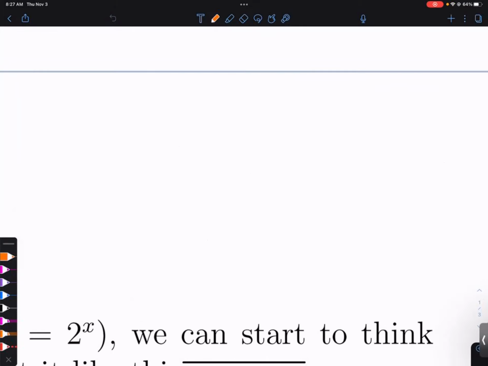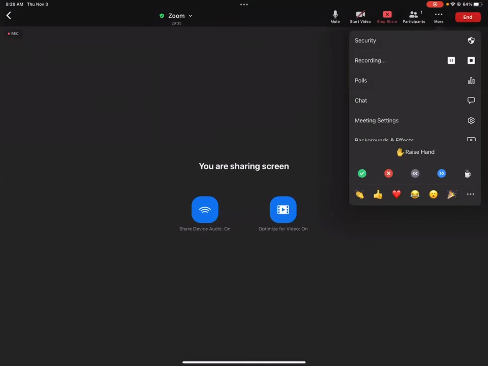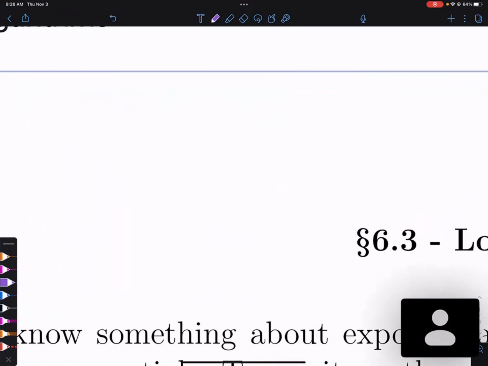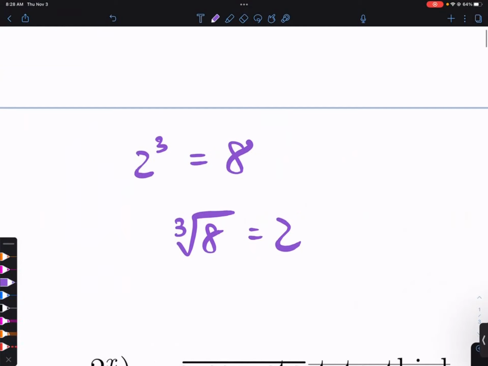Just like if I say that 2 cubed is 8, and the cube root of 8 is 2. 2 cubed is 8, the cube root of 8 is 2.